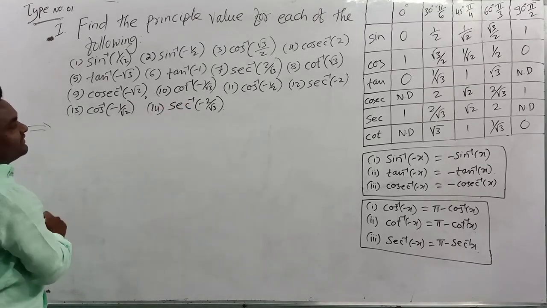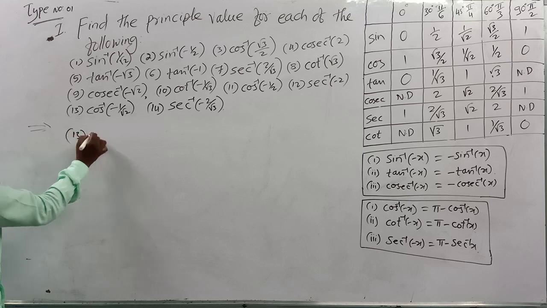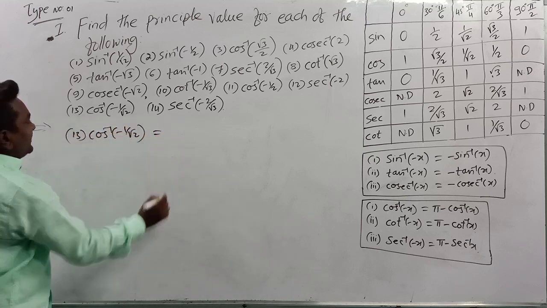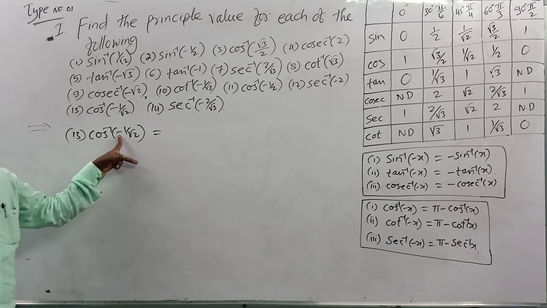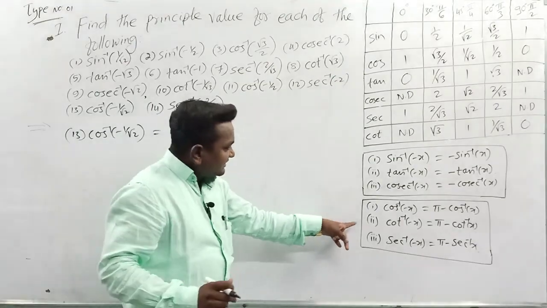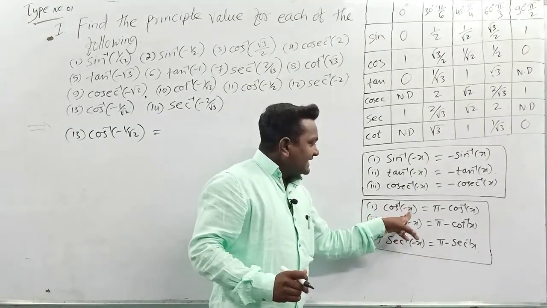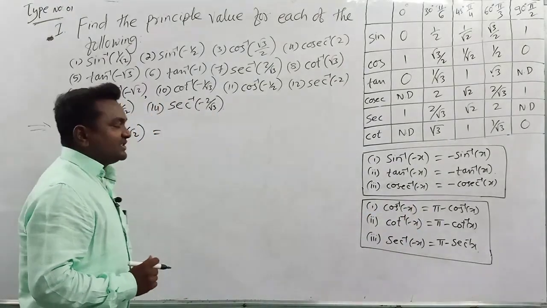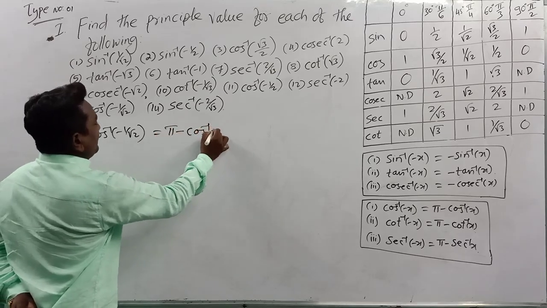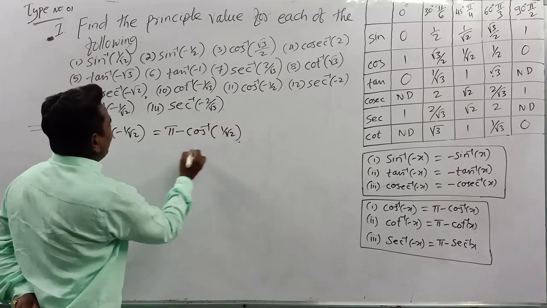Now 13, cos inverse minus 1 by root 2. You have to cancel out this negative sign. Cos inverse minus x equal to what? Pi minus cos inverse x, means pi minus cos inverse 1 by root 2.